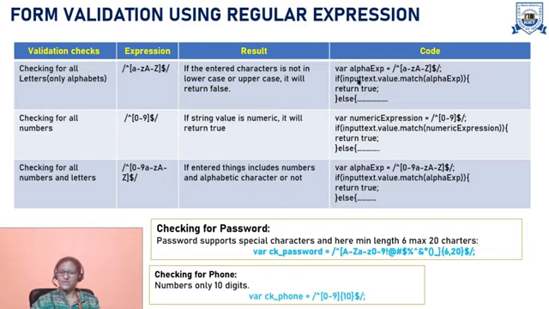So if inputtext.value.match, whatever we have provided in the input box must match with this variable. If it is matching, meaning it is in the form of lowercase a to z or uppercase A to Z, then it will return true, else it will not proceed.